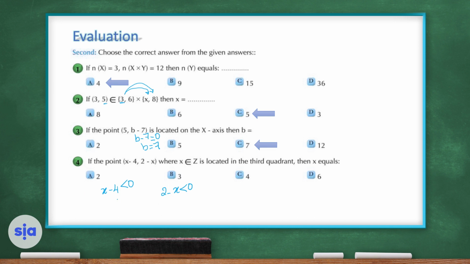So if you solve this simple inequality, x is less than 4, where x is greater than 2. Which of these choices is less than 4 and greater than 2? For sure, it's choice B, which is 3.